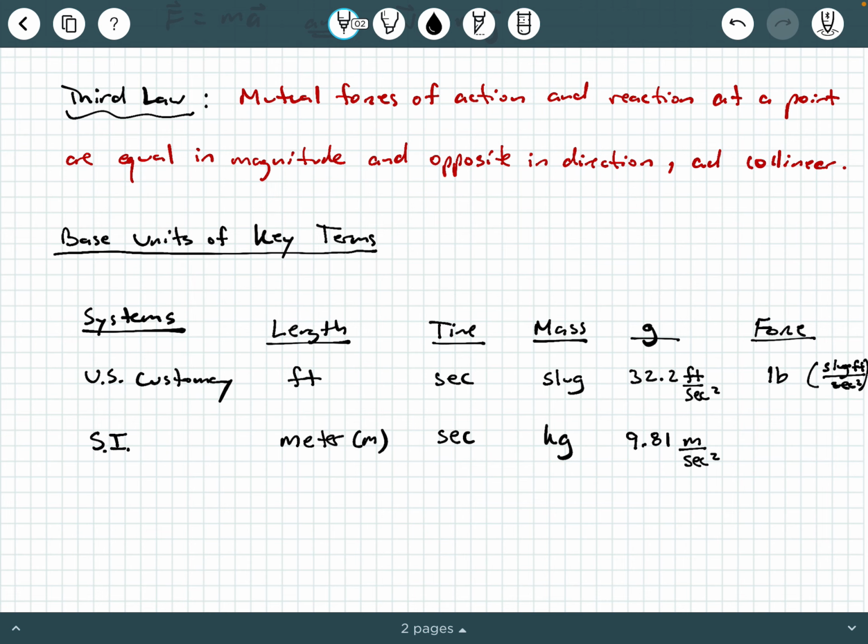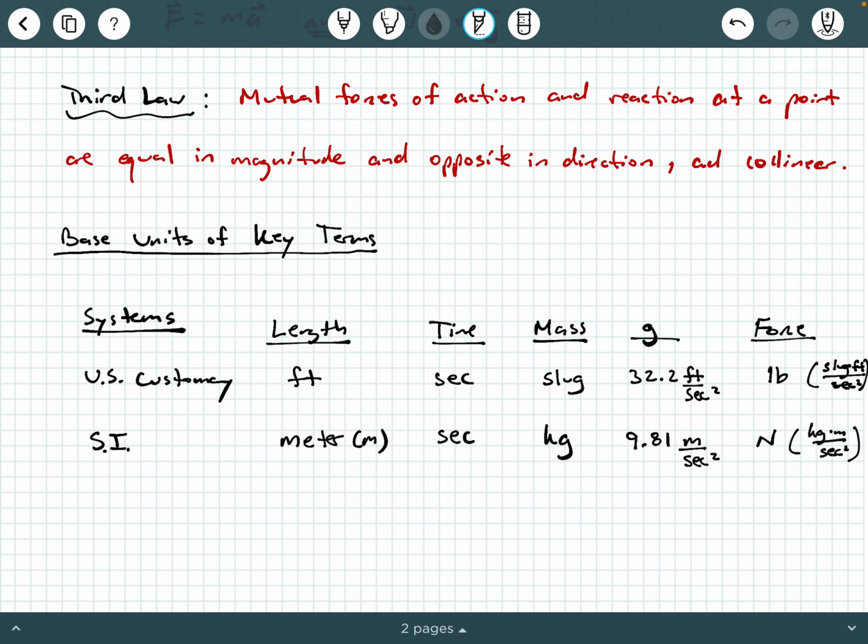And then the base unit of force in SI units is going to be the newton, which we call capital N, and that's going to be equivalent to a kilogram meter per second squared. So be very careful here. When we deal with newtons, a newton is a kilogram times a meter divided by a second squared. A common mistake I see is people think that either a newton is a gram meter per second squared.